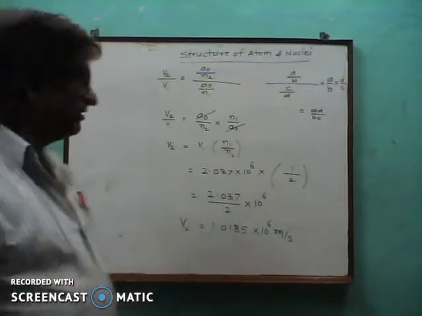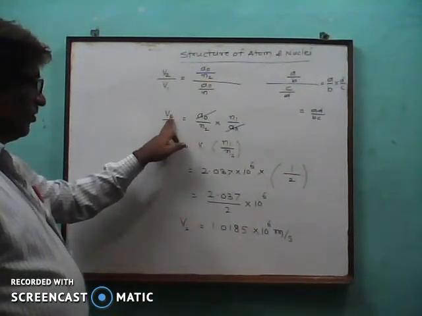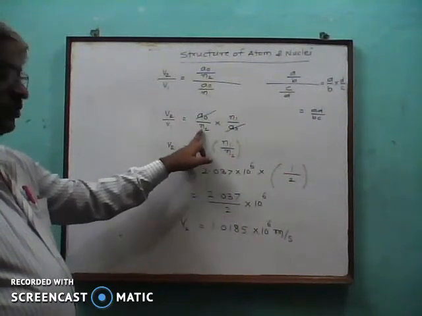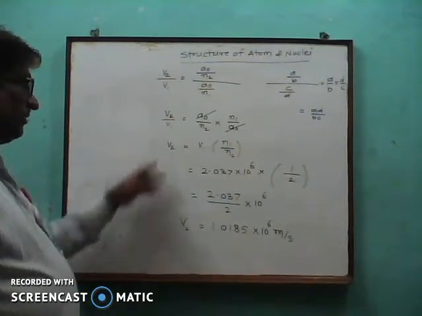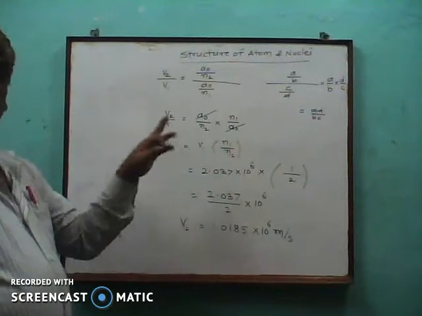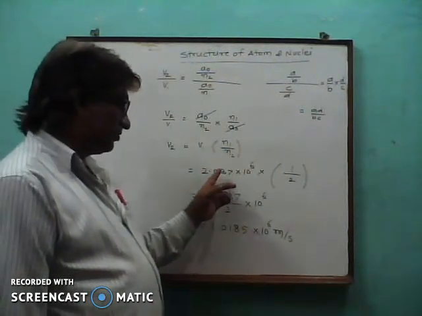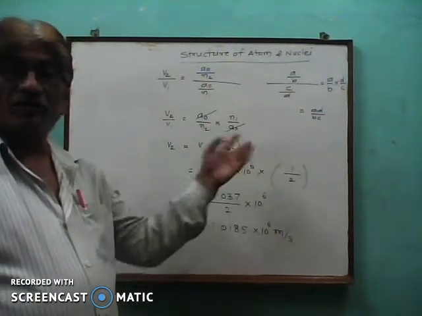Here for V2 we write V3, and for n2 we write n3. So the formula is V3 equal to V1 into n1 upon n3, which is 2.037 into 10 to the power 6 into 1 upon 3.